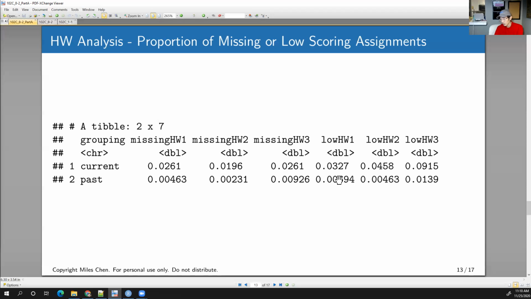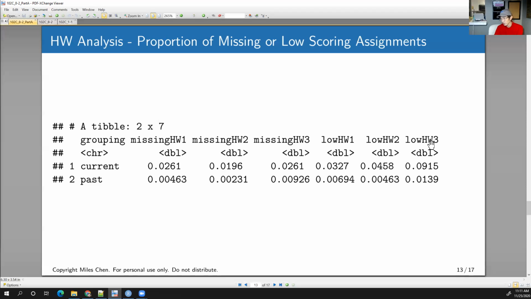Okay, and then these are low, defined as 50 points or less on homework 1. So around 0.7 of a percentage point, and here I got 3% of submissions less than 50. For homework 2, again, less than 1/2 of 1% in previous years, and here we're having about 10 times that, about 5% having homework 2 scoring 50% or lower.